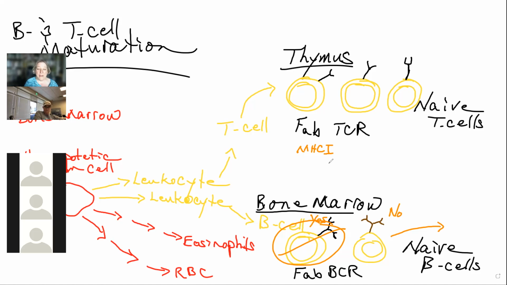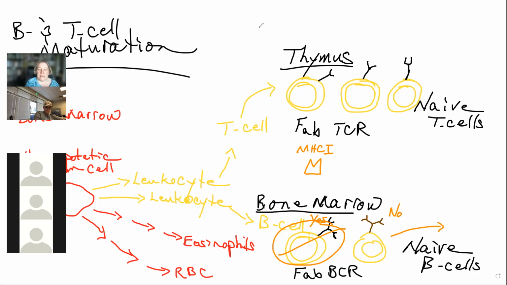Okay. Now, MHC1 is a molecule, a self-recognition molecule that all cells of the body, excepting red blood cells, make. And remember, I've drawn it as kind of this M-shaped thing. It's got a groove.